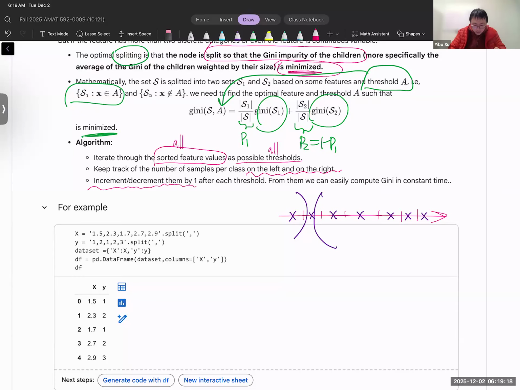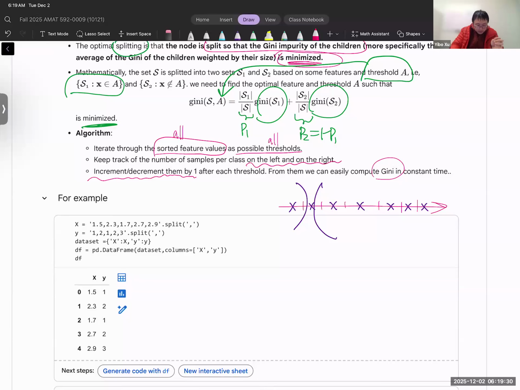Increment or decrement by one after each threshold. So from them we can calculate Gini in constant time. Now look at the example here. We have x values and y values.